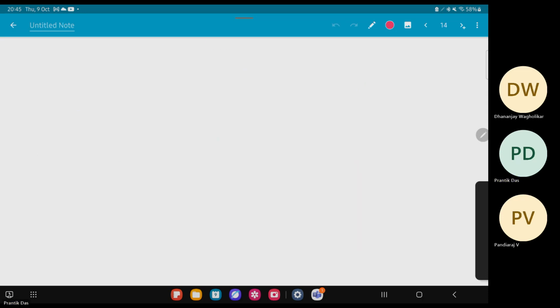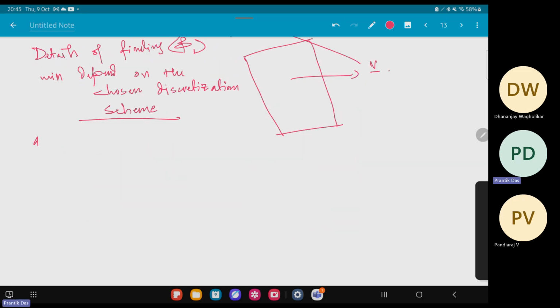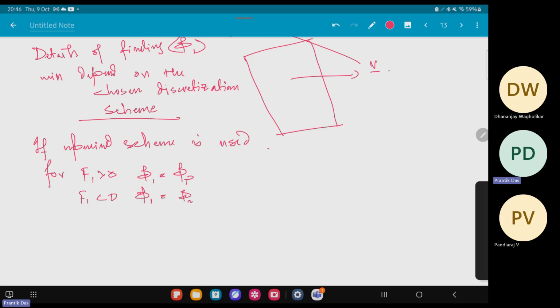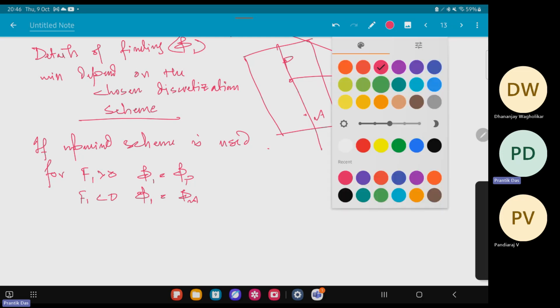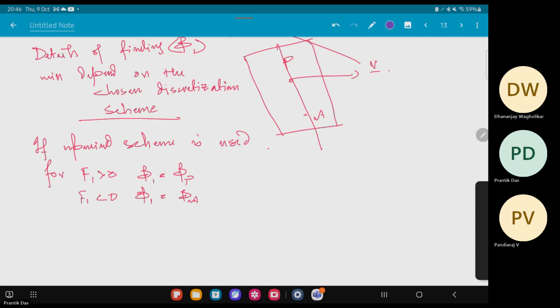So if the upwind scheme is used, then for F1 greater than 0, phi 1 equals phi P. For F1 less than 0, phi 1 equals phi A. If I draw the figure, this is K, this is A, this is a line joining it, and this is the line joining small b and small a.